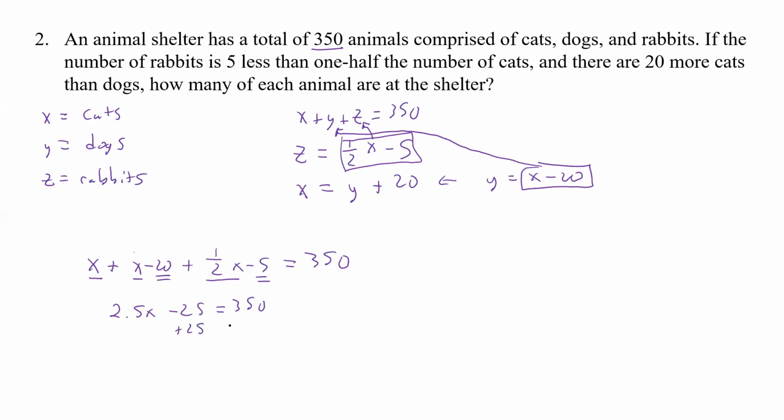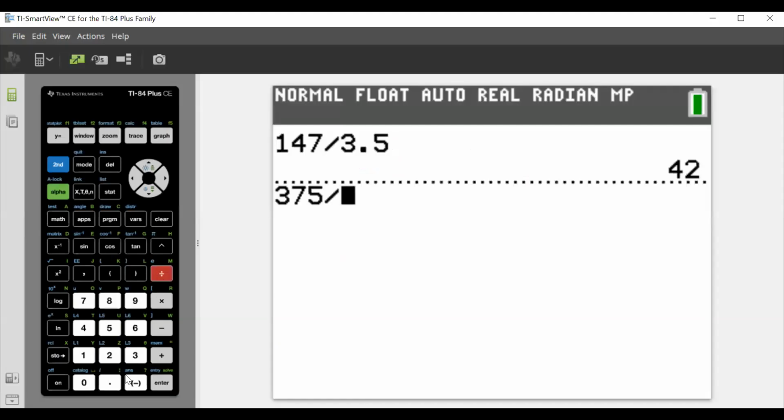So add 25. And so 2.5x equals 375. And we're going to divide both sides by 2.5. And when we do that, we take 375 divided by 2.5, and we get 150 for x.